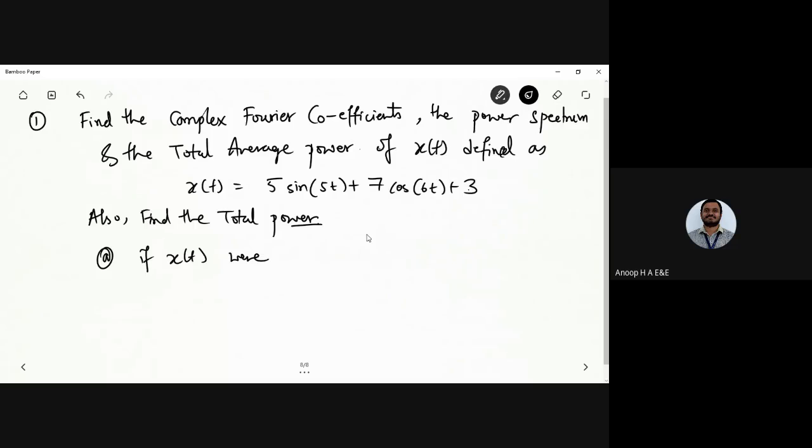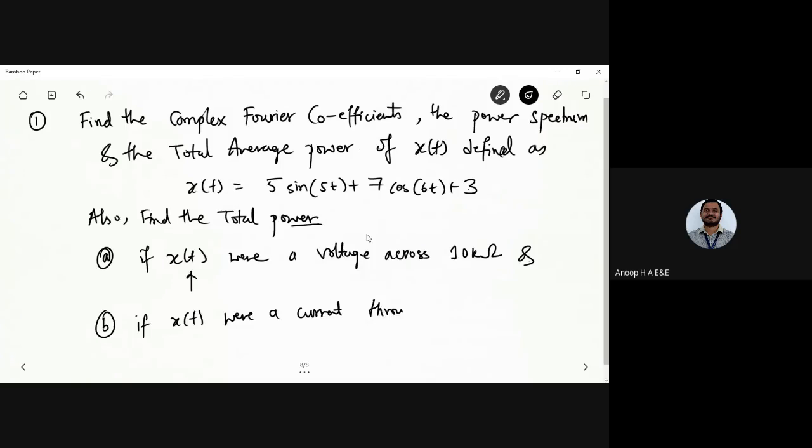What I'm doing here is taking two parameters. I'll take x of t as a voltage and also as a current. x of t were a voltage across 10k ohms, and the second one, x of t were a current through 1 milliohm.